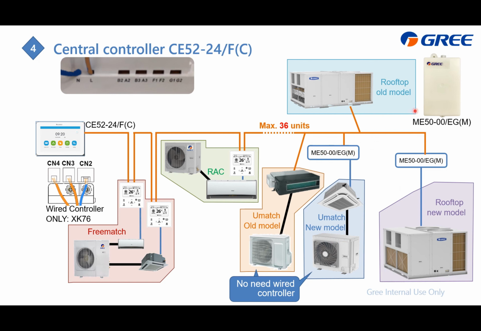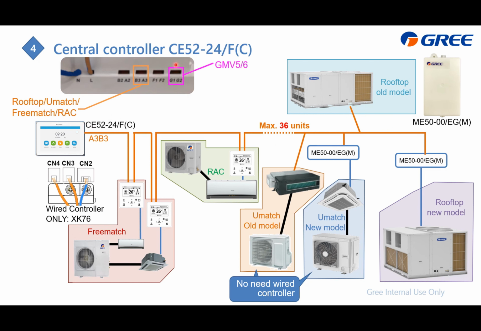And similar to the rooftop old model, directly from the PCB, and rooftop new model, apply ME50 as an adapter. Then you can combine them together, then connect to the central controller. And on the other hand, don't forget to change the address for different units, which is connected here.